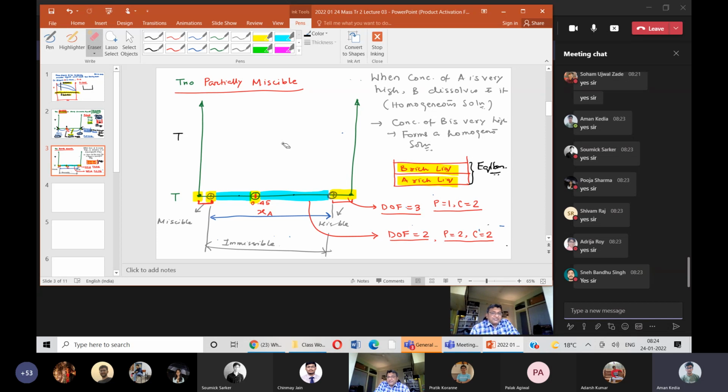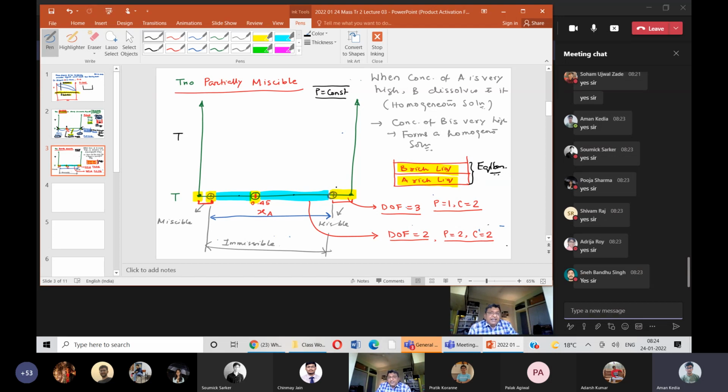So everybody understands that in these two ranges there is a fundamental difference in terms of degrees of freedom. The degree of freedom is 3 for this range. And please understand that this plot you are making is at P equal to constant. So P equal to constant means one of the degrees of freedom is gone, and now you are left with 2 degrees of freedom. So what does it mean for this range?